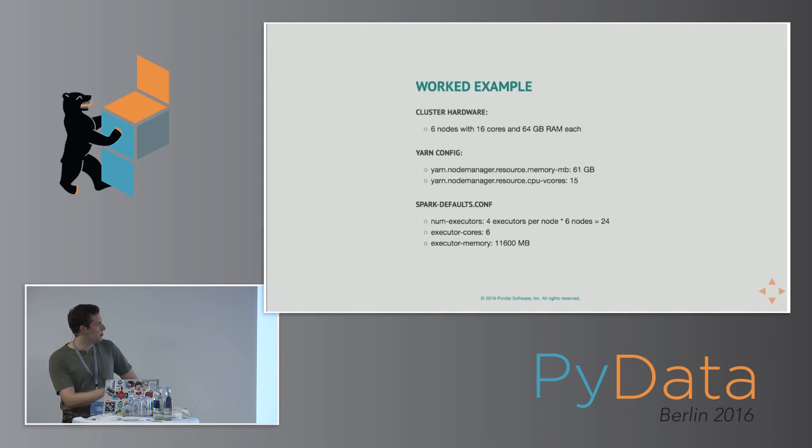The first thing we need to do is set our basic YARN config, if we're running this on top of YARN, as I think most people do. We set it to 61 gigabytes of YARN RAM to leave a little bit of room for the operating system. And we also leave one of the cores for the operating system and associated processes.